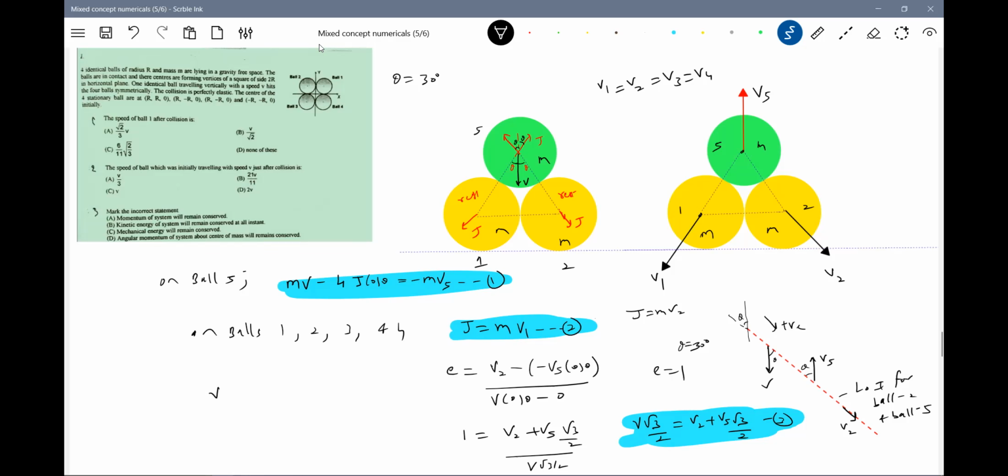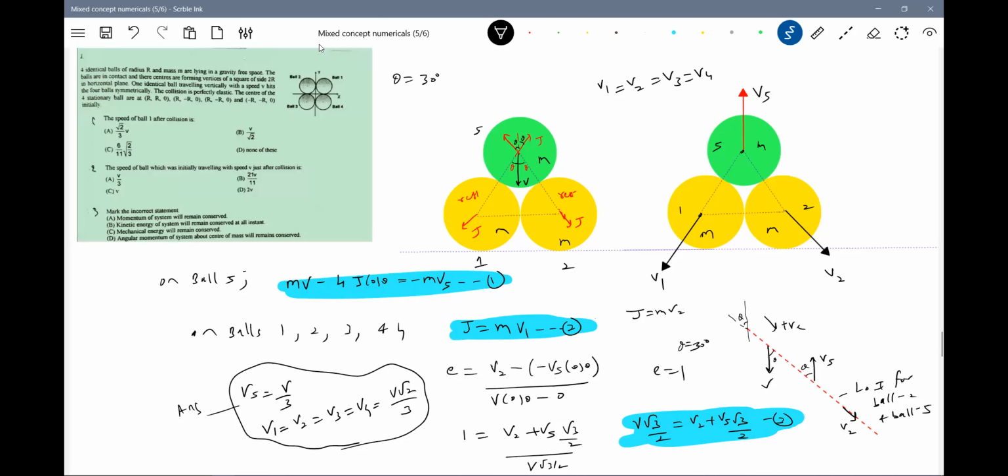I'll write down, V5 is V by 3, and V1, V2, V3, V4 is equal to V root 2 by 3. These are the answers. Check once. In the equation of E in the denominator, why did you take V cos theta, sir?